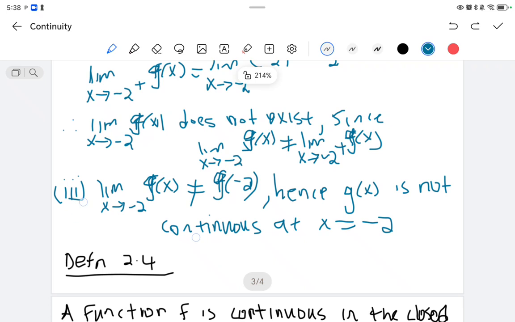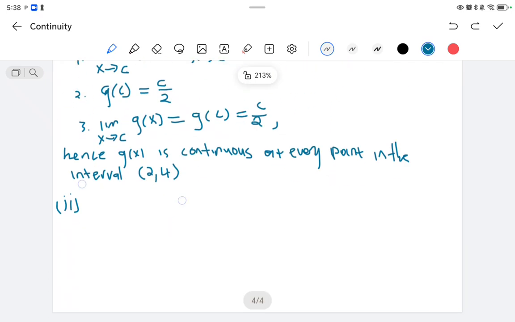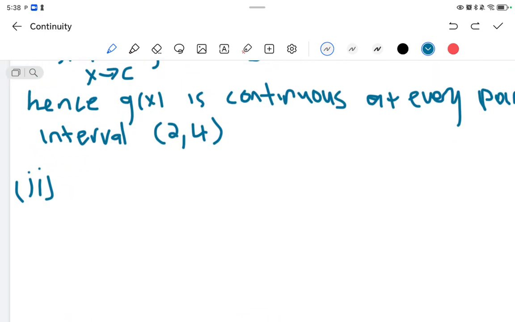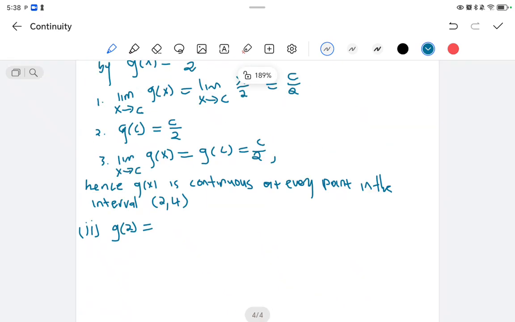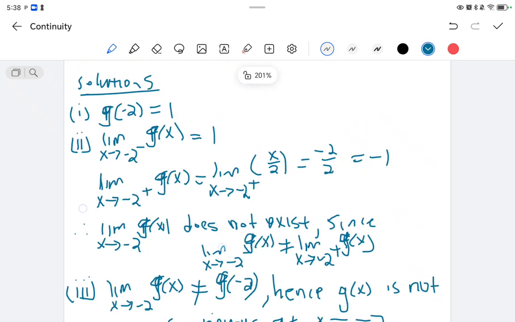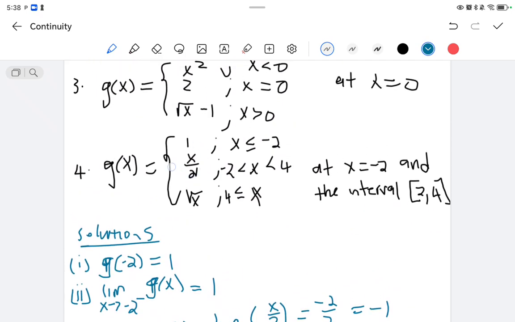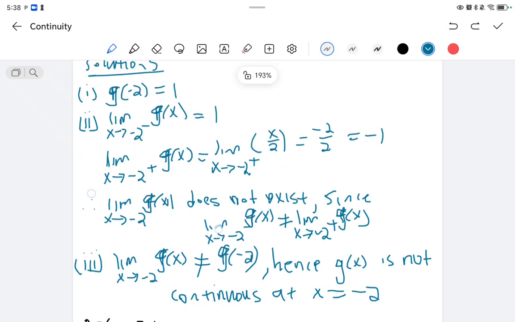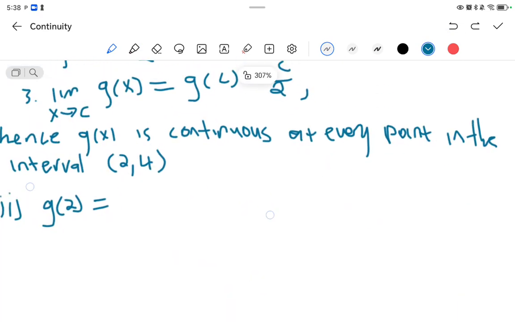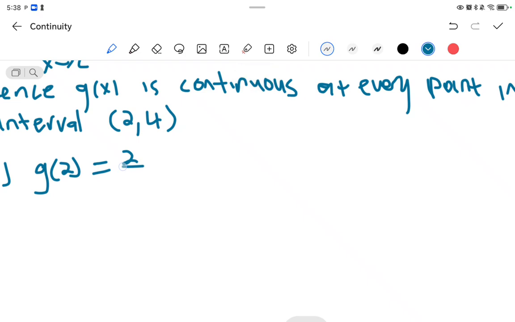Since we're dealing with g, we check g of 2. We go back to check where x is equal to 2, which is within here. So this will be 2 over 2, which is equal to 1.